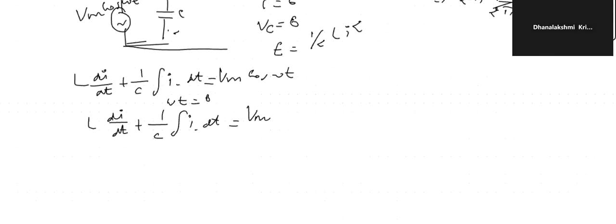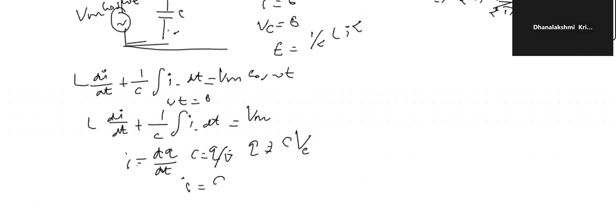Now, i is equal to dq by dt, and C is equal to q by v, so q is equal to C Vc, where Vc is the capacitor voltage. Substituting q as C Vc, i is equal to C dVc by dt.